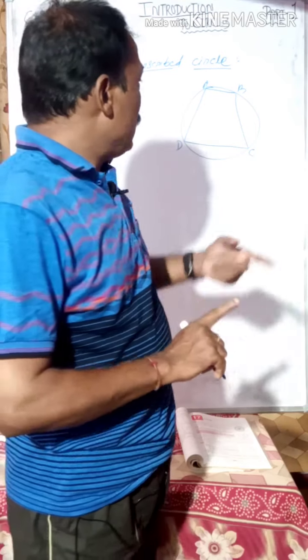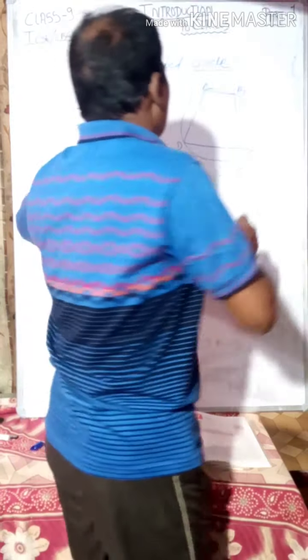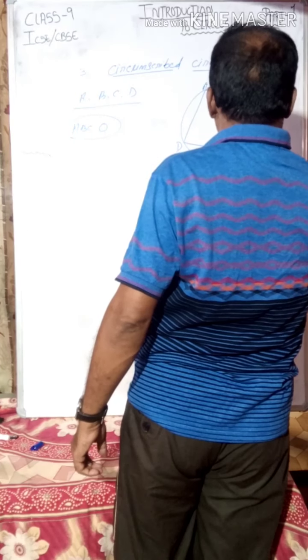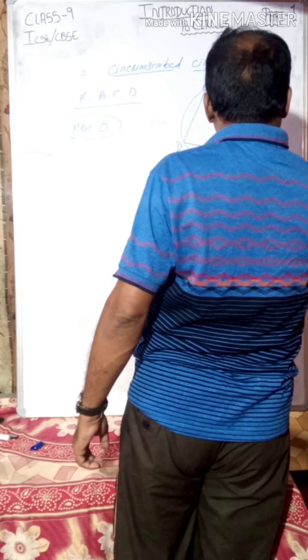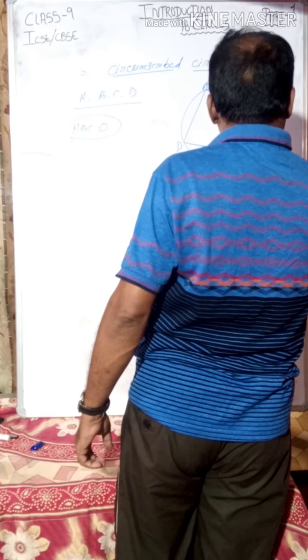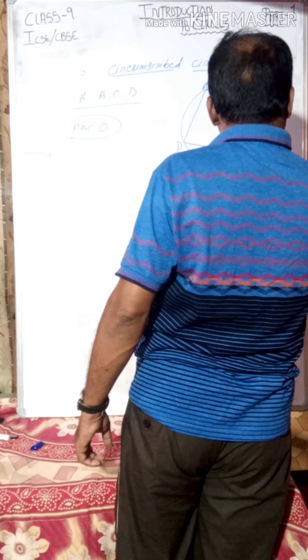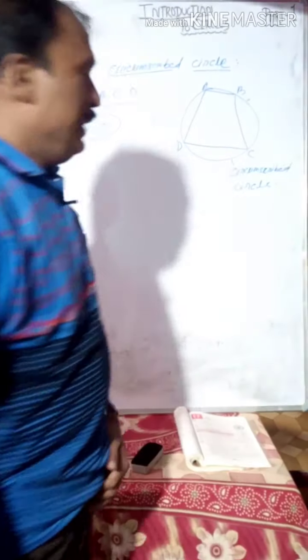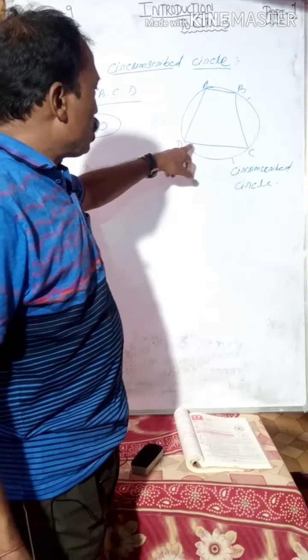That circle is called a circumscribed circle. This is very important. This circle is called a circumscribed circle.